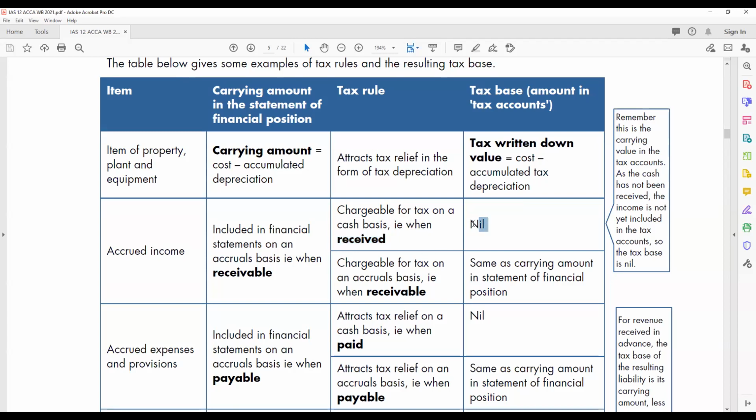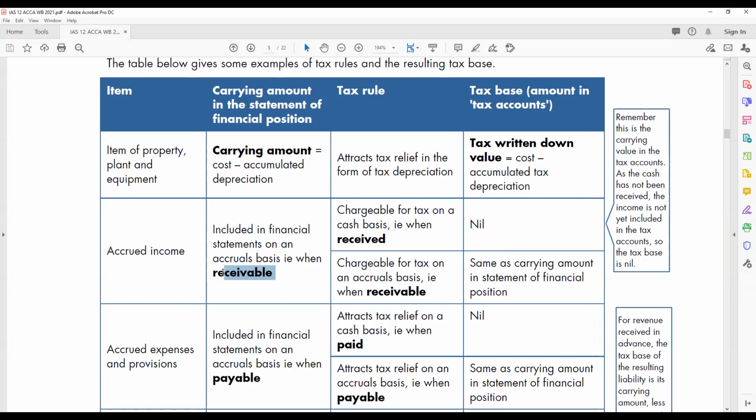So how much is the tax base? Tax base is 0 in that period. But if the tax rule says accounting and tax rules are the same, it means both of them are following the accrual basis.